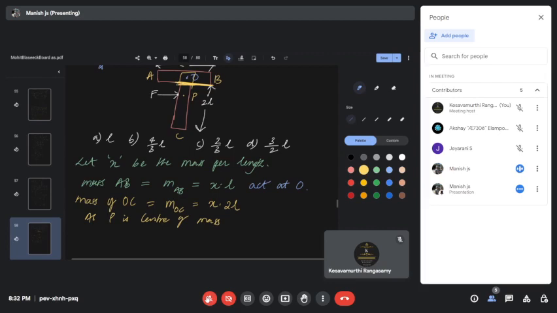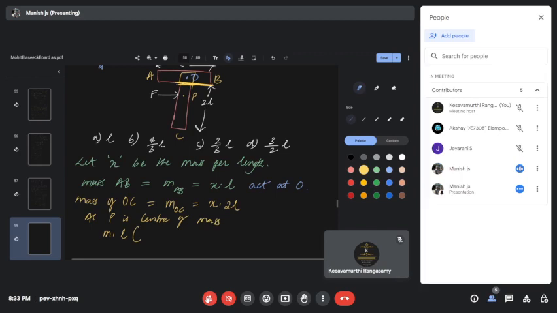So both it is going to be balancing. So we can write the mass per unit length x times the length of the rod AB, which is L. So we are applying the principle of moments here, times the total length. Okay. So I'm going to apply the total length.